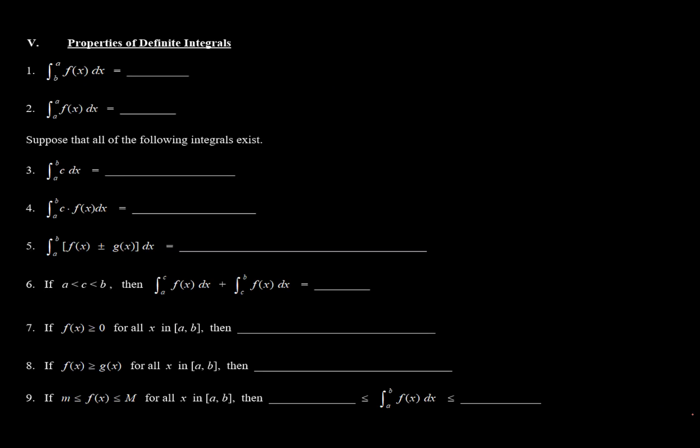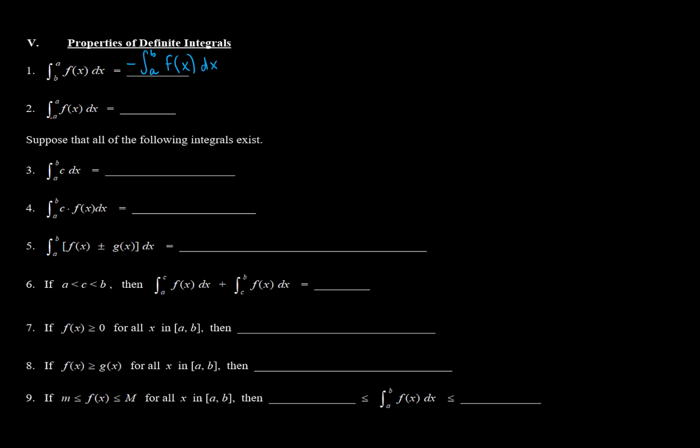Now, there are some properties of integration I'd love you to pay attention to because we're going to use them. First of all, if you flip the limits of integration, it makes it negative. Notice this one goes from b to a. If I flip it and go from a to b, I have to switch the sign.